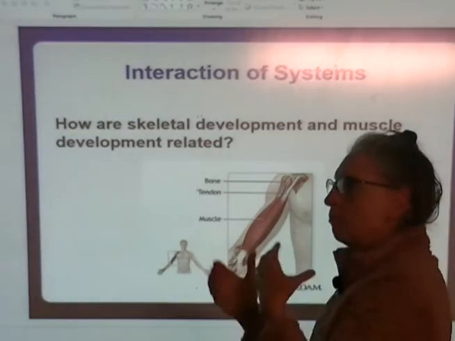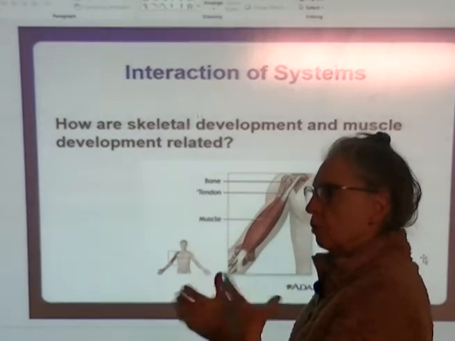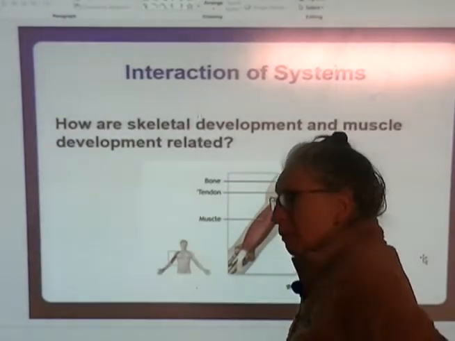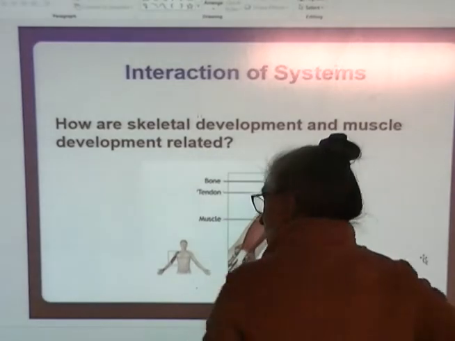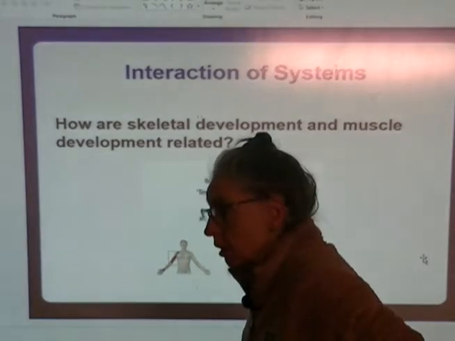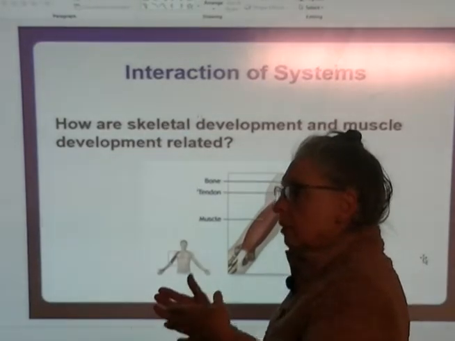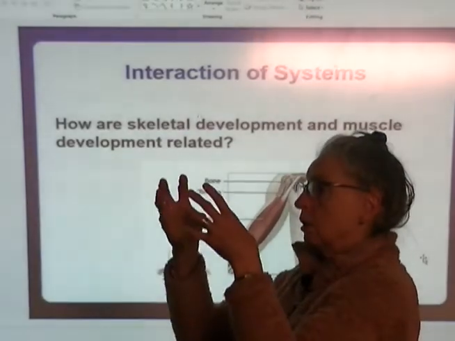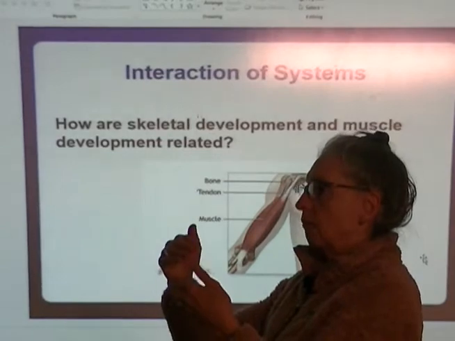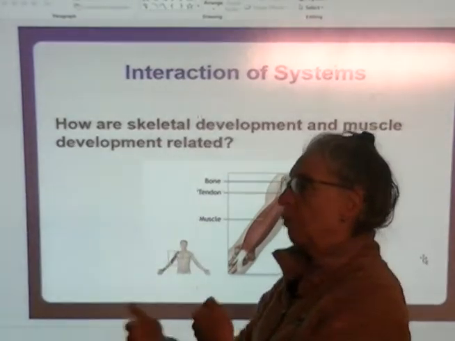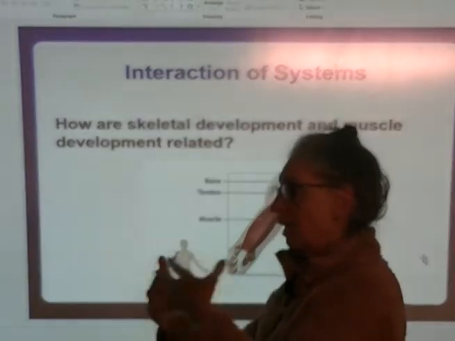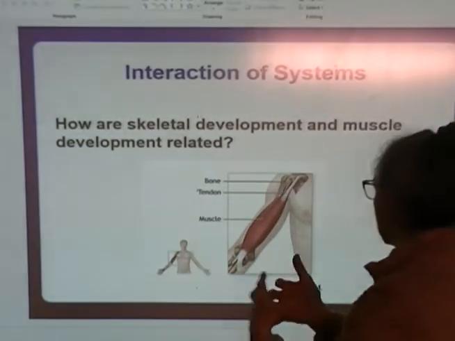And so the more exercise I do, particularly weight-bearing exercise, because we're looking at issues in the spine and the hips in particular, the more weight-bearing exercise I do, the more dense, the less decrease in bone health I see. Right? So we have this interaction between these two systems.